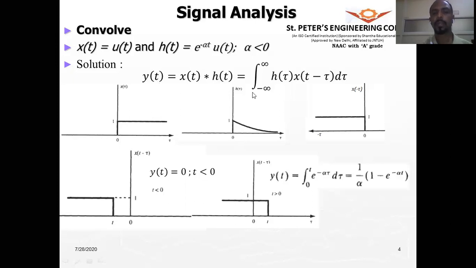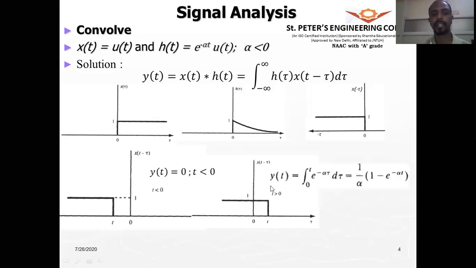So we can have this convolution computed for only two regions, that is when t is less than 0 and when t is greater than 0. That takes in the values for t from minus infinity to plus infinity. All right. So minus infinity to plus infinity is split into two different regions here.